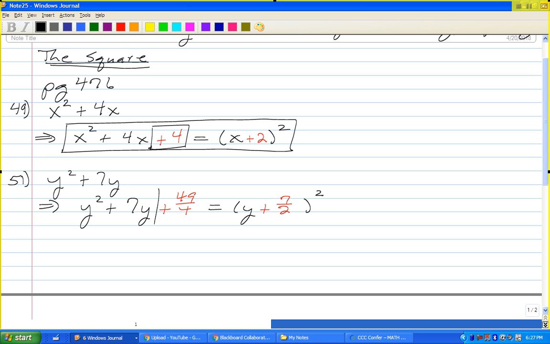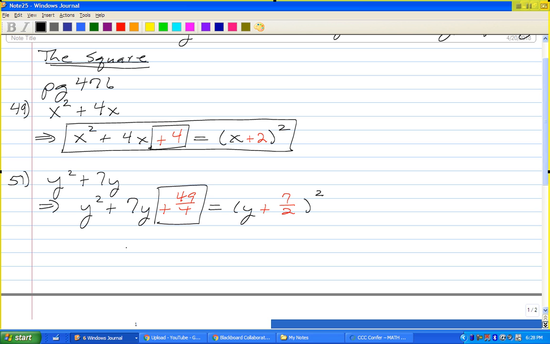And so if I add 49 over 4 to my original expression, I get a perfect square.